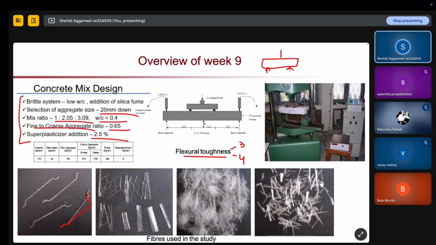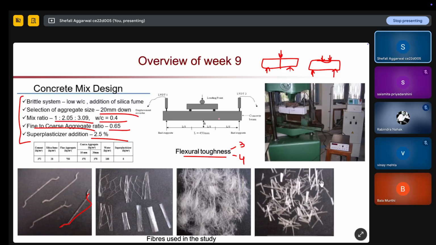So this is your 3-point loading, and in 4-point loading, what will happen? In 4-point loading, we are giving 2 loads from the top. So what will happen in this case? There will be a sudden crack. In this case, you are uniformly distributing your loading, so you will have a better result in the 4-point loading system as compared to 3-point loading.